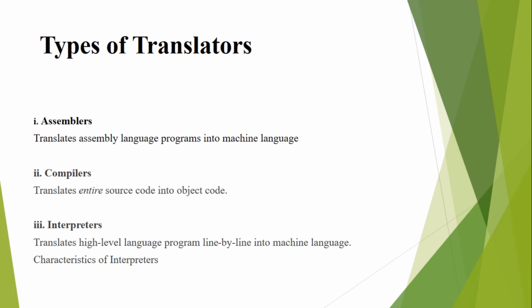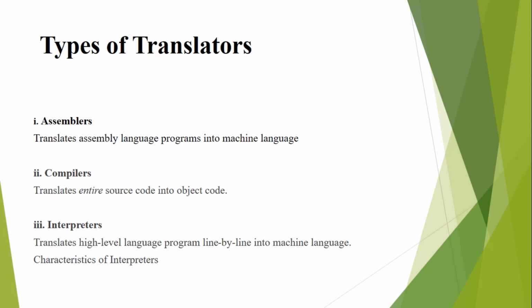Then we have the comparison between compilers and interpreters. The difference is that a compiler will translate the entire source code, while an interpreter will translate the code line by line, or instruction by instruction, at a time.